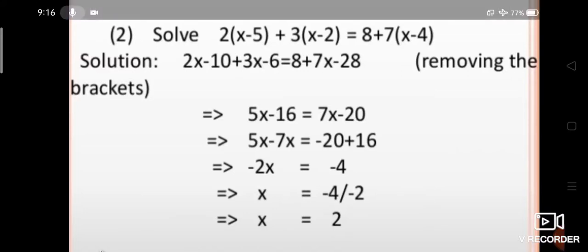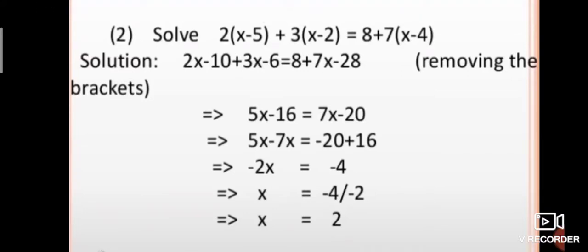According to this rule, we solve the equation by adding the variables and constants on both sides. Therefore, plus 2x plus 3x is plus 5x, minus 10 minus 6 is minus 16. 5x minus 16 is equal to, again, plus 8 minus 28, which is 7x minus 20. Again, transpose the variables to one side, constants to the other side.